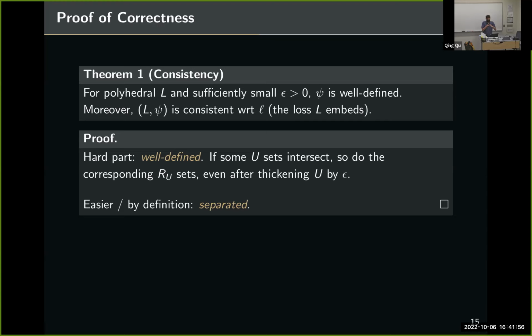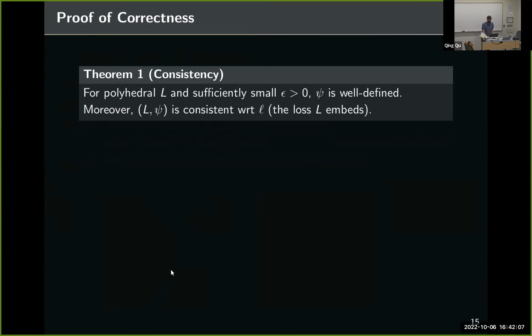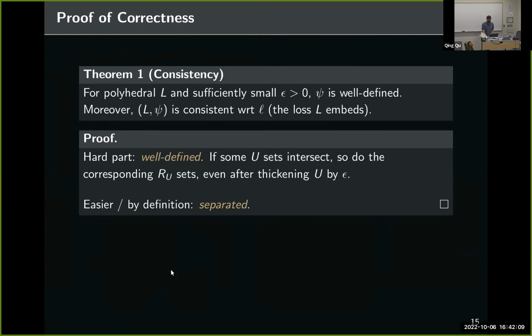And that has to remain true even after thickening by epsilon. Like I said, you can take epsilon too large, to get this point to be the empty set, because the constraints leave you with nothing. But it turns out for epsilon small enough, you can always do this. And then by definition, whatever you get will be separated, and that's what gives you consistency.